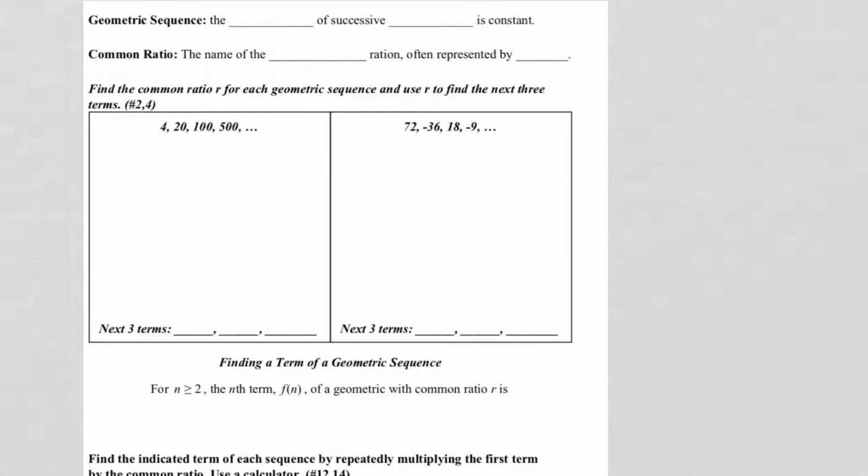So an arithmetic sequence, if you recall, if I had an arithmetic sequence and I was given a list of numbers like 4, 20, 100, and 500, I would try to figure out, well, what's 20 minus 4?